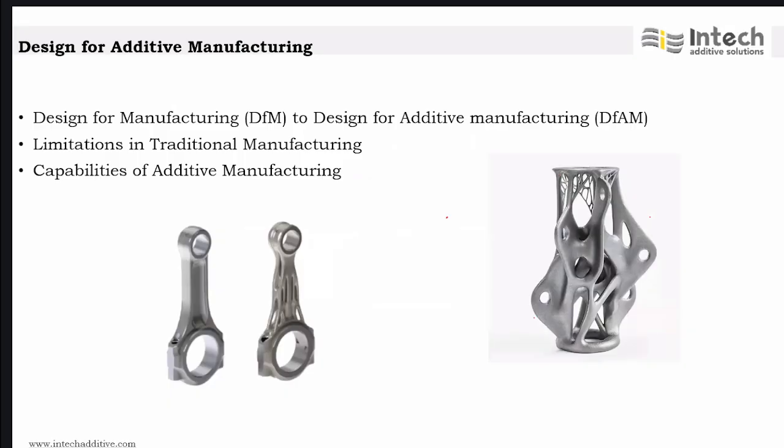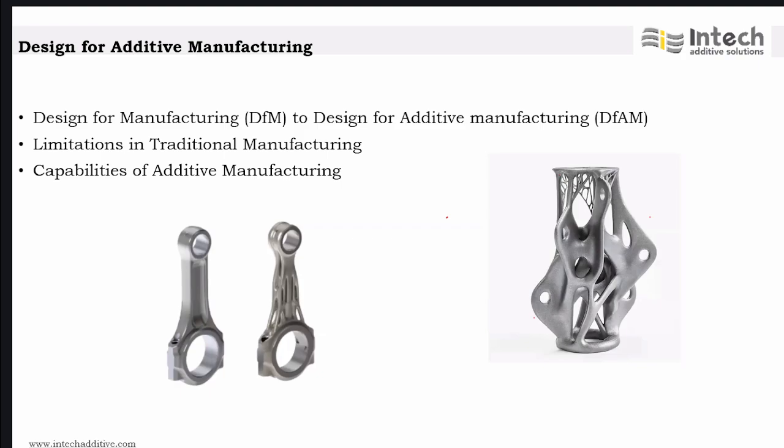There are three pillars in design for additive manufacturing. We are moving from DFM, that is design for manufacturing, to design for additive manufacturing. DFM is a general term. It could be any manufacturing process. It could be CNC, or a machining process, or metal forming, forging, and so on.